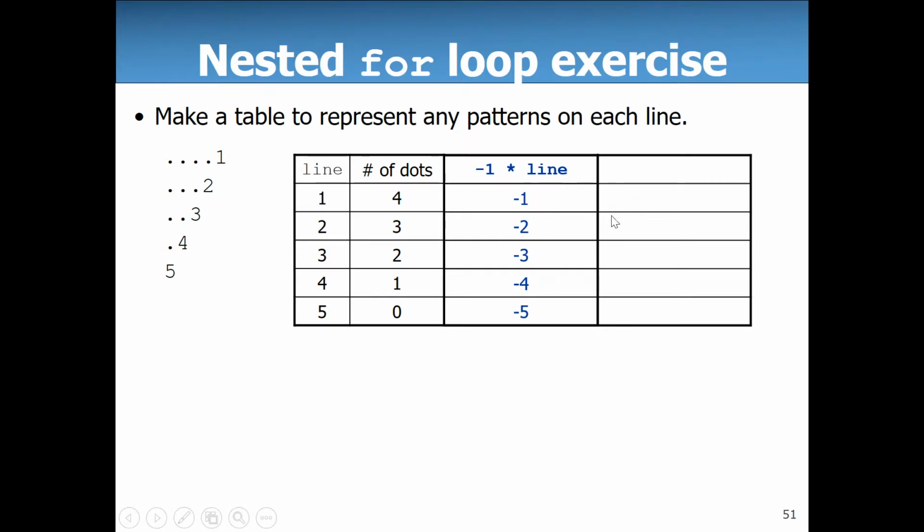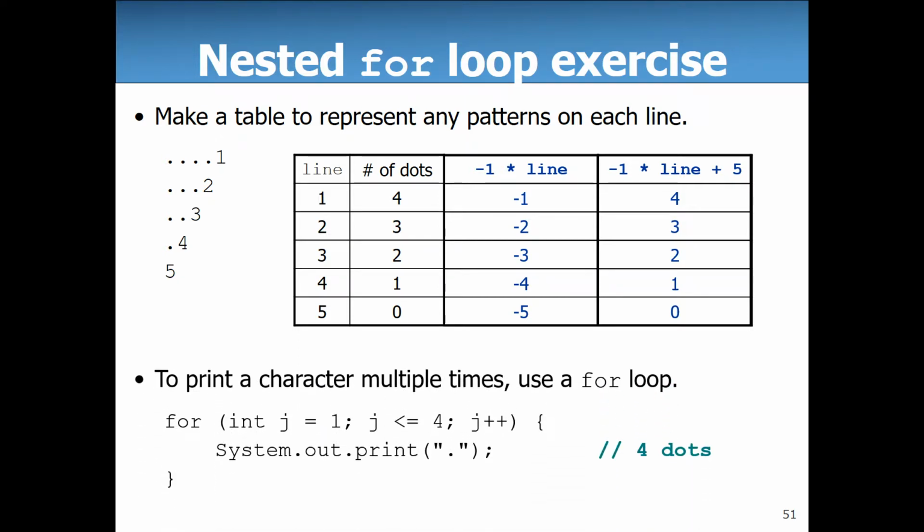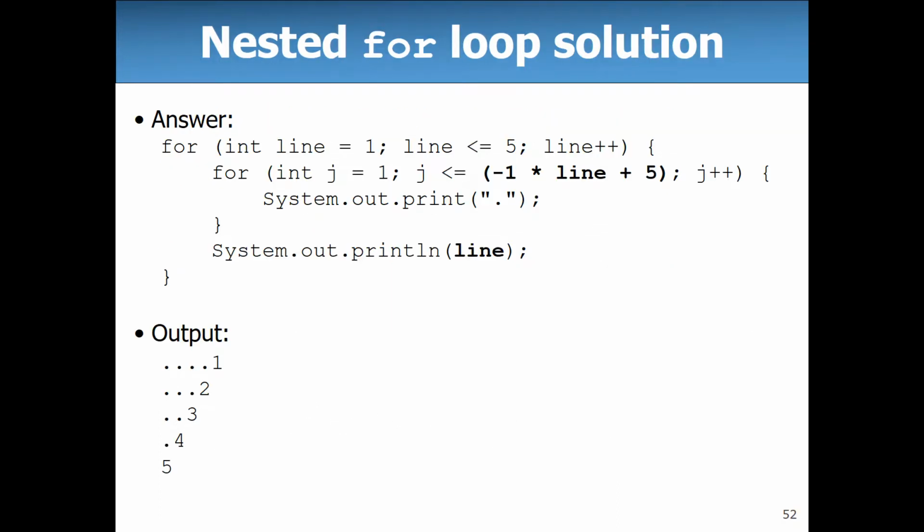And each of these that we want is off by a grand total of 5. So -1 times the line plus 5 was their answer. Which looks a bit harder than mine, but again, this just shows that there's a lot of ways to solve these problems.